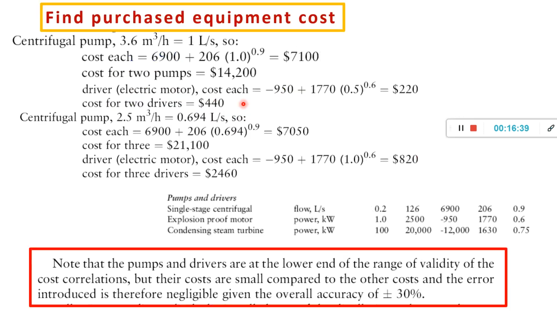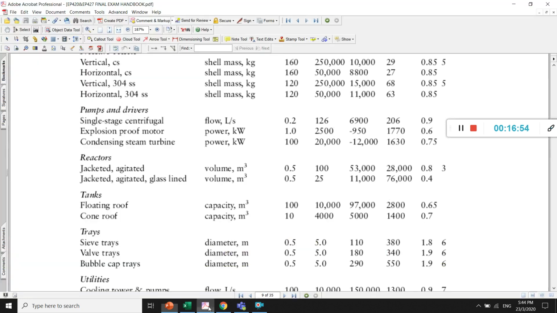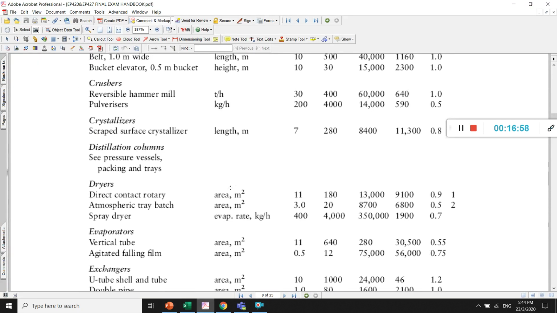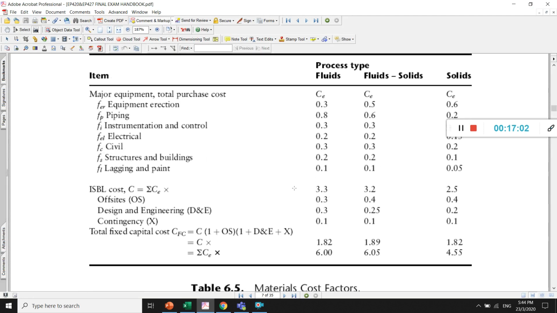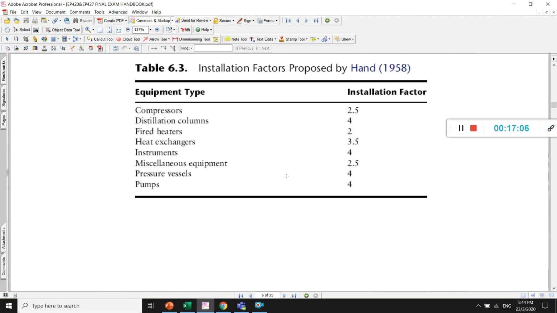Because we have these Hand methods, we need to refer to the handbook. So we open the handbook and check Hand methods. Where is Hand methods? Okay, this one is material cost, this one is table 6.4, this one is the Hand method.